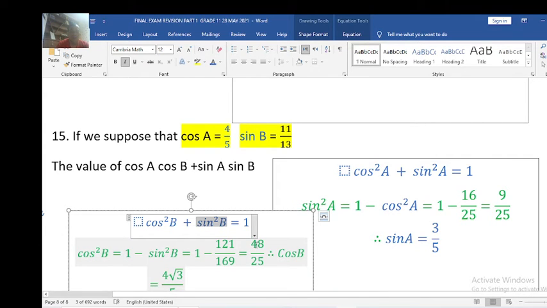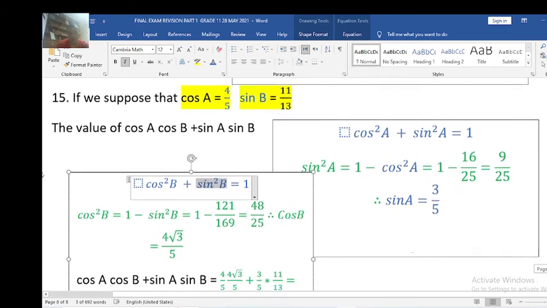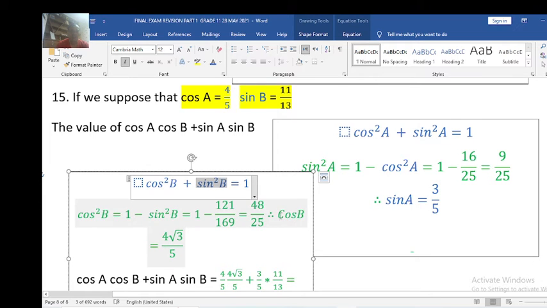The square root of 48 is 4 root 3, and the square root of 169 is 13. Therefore cosine of B is equal to 4 root 3 divided by 13. I leave this question as an exercise.